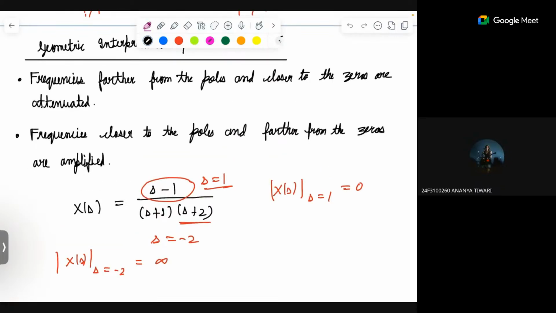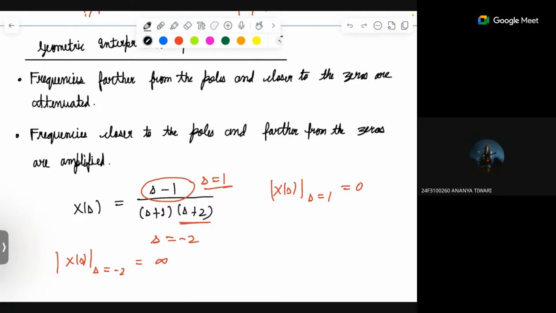So that is where this is coming from: frequencies farther from the poles and closer to the zeros are attenuated, since closer to zeros the amplitude comes close to 0. Frequencies closer to poles have amplitude driven towards infinity, so we can say that they are amplified.